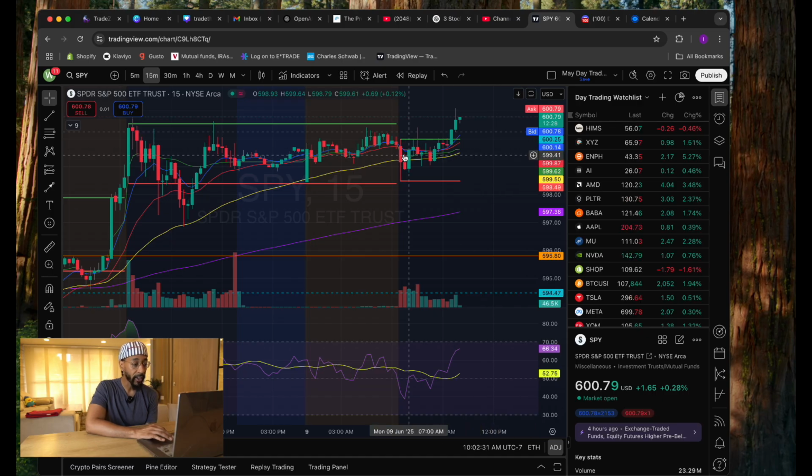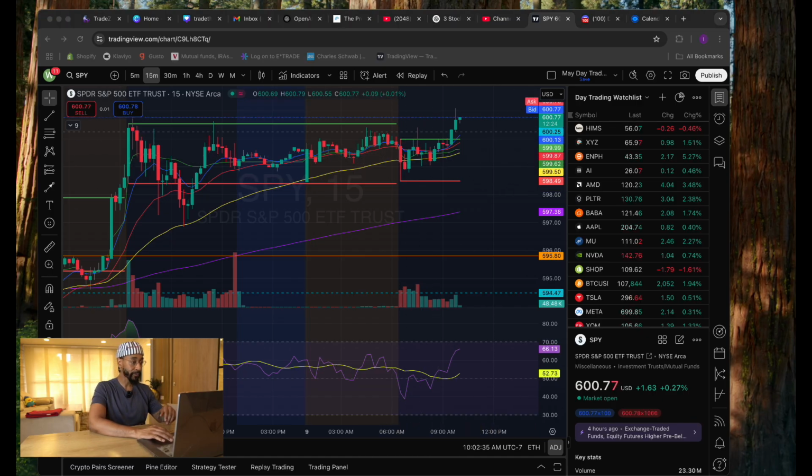Make sure you're not trading and getting caught up in a consolidation, because the consolidation is what kills your contracts, right? Your consolidation will kill your contracts. If the stock is just going like this and you're in the trade for an hour, hour and a half, your contract is going to start decaying, right? That theta is going to start kicking in.